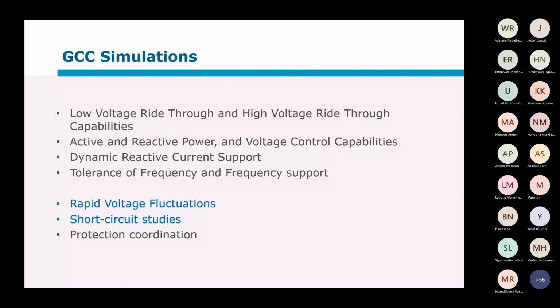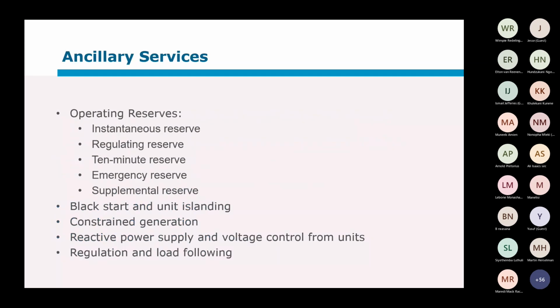Short circuit studies and protection coordination are on the distributor side of responsibility as part of the grid impact study and evaluation. Ancillary services is really something that becomes important now with the higher penetration of renewables.